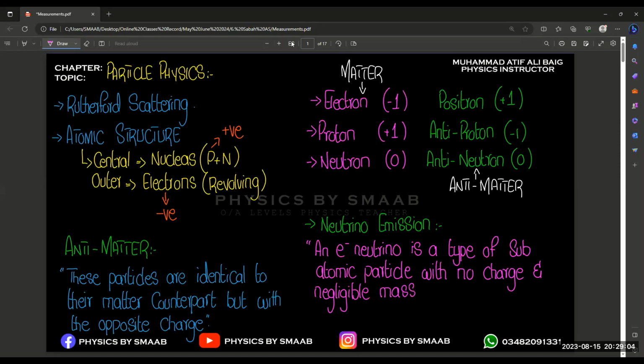Now you can see we are talking about particles with almost negligible mass, right? That's why we usually didn't study these particles, because they are almost massless quantities.